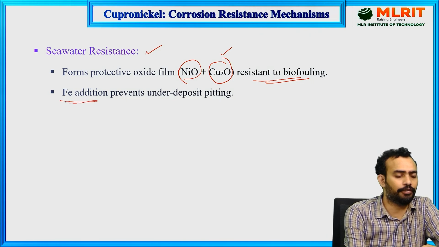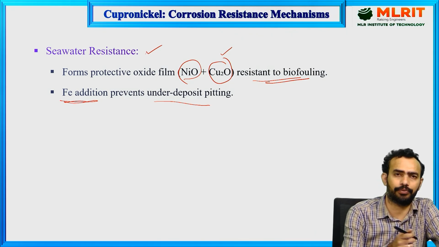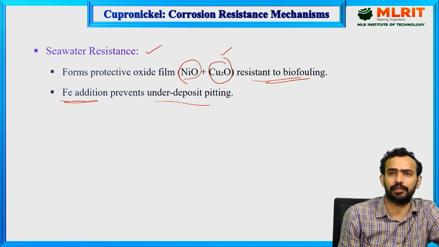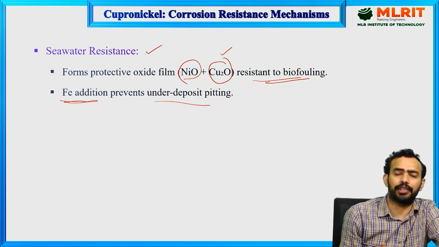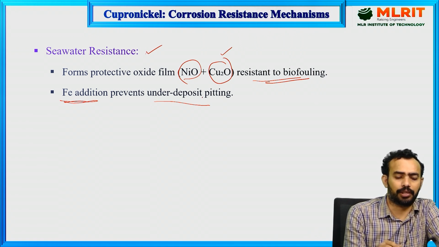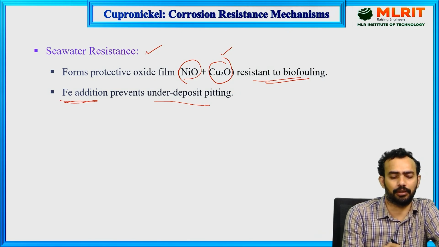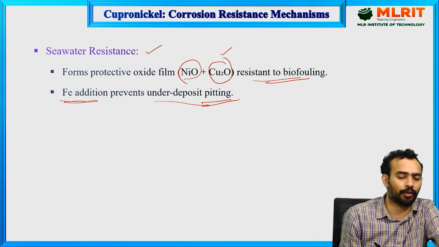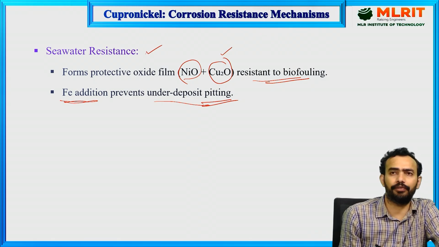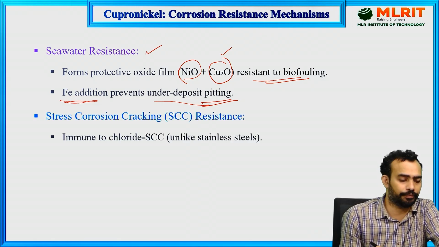With the addition of iron, as we have seen in our earlier discussion, pitting resistance can be improved, so the material is protected from under-deposit pitting. So it offers significant seawater resistance, and finds its applications in marine.